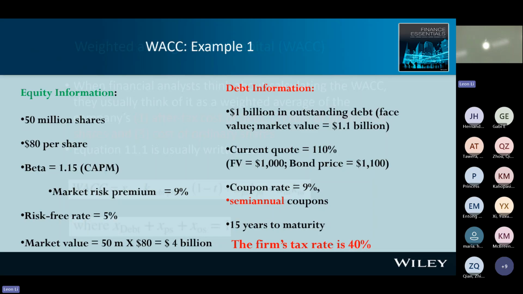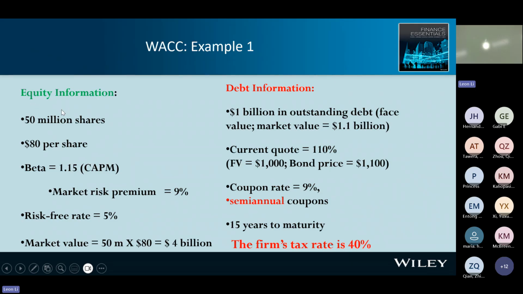Okay, so for me, this equation is easy to understand. Now, next slide, we give you an example to do the calculation. In our example 1, we have two types of capital, equity and debt. For equity, I give you the information for the CAPM model: beta, risk-free rate, and market risk premium. So I am able to calculate the cost of equity.